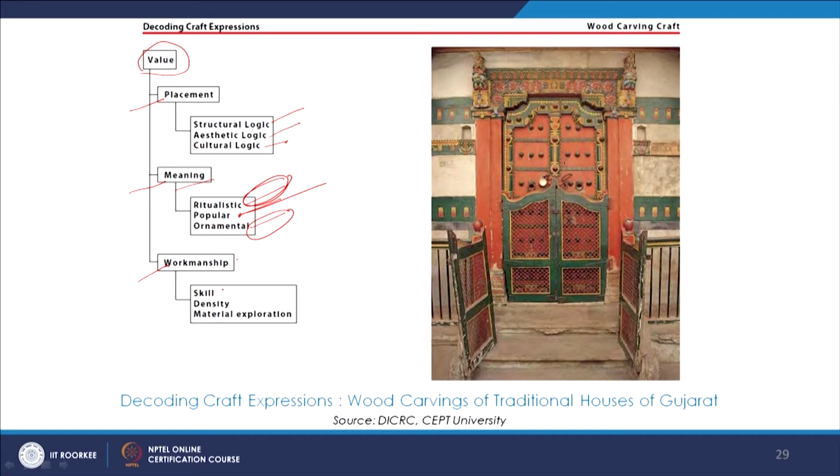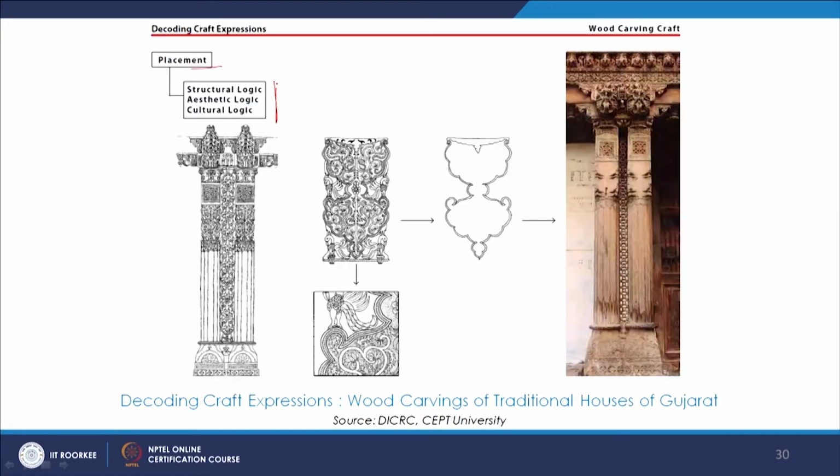Then workmanship, we talk about skill, density, material exploration, and we try to understand all the details of joinery and technique. So that's another way of decoding the craft expressions and trying to understand the wood carving craft. Here again, keeping placement in mind, all of these different carvings and elements could be studied.